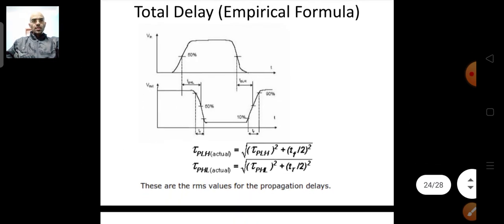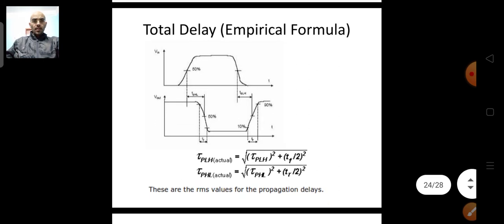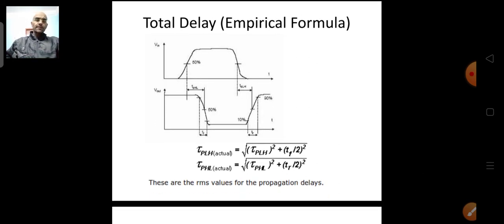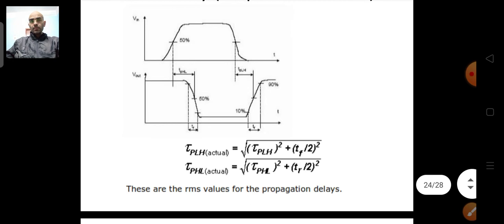Up till now, we have discussed the scenarios in which our input is the ideal step input, that is, the input doesn't have a rise time or fall time. But in practical scenarios, the input will always have some rise time and fall time.